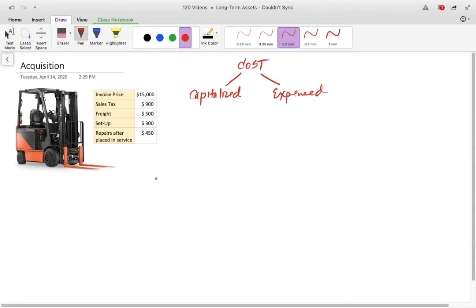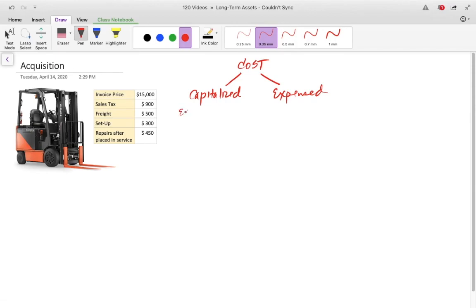For example, when we buy a piece of equipment, what journal entry do we record? Well, we record a debit to equipment and a credit to cash. We record the cost as an asset, right? That is when we capitalize, when we record it as an asset.